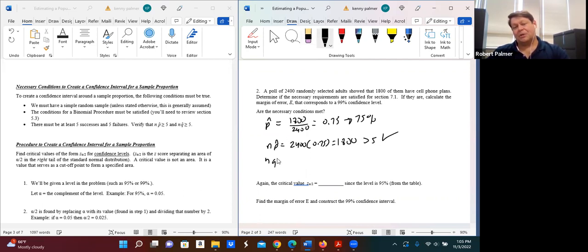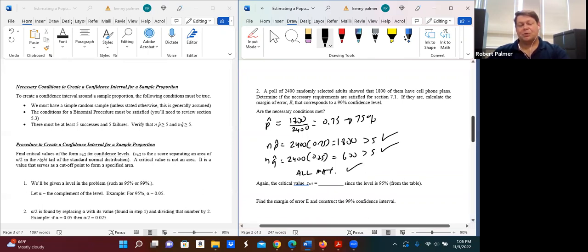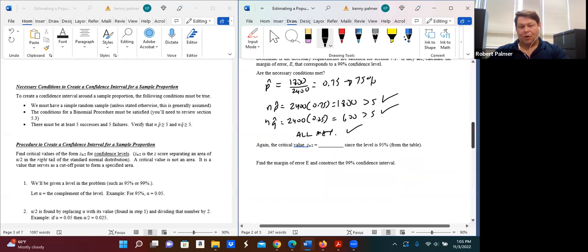And then n times q, which is 2,400 times 1 minus 0.75, which is 0.25, is just going to be 600. That's also greater than 5. So all those are met. That last condition has to do with being able to approximate a binomial distribution as a normal distribution, but they're all met.